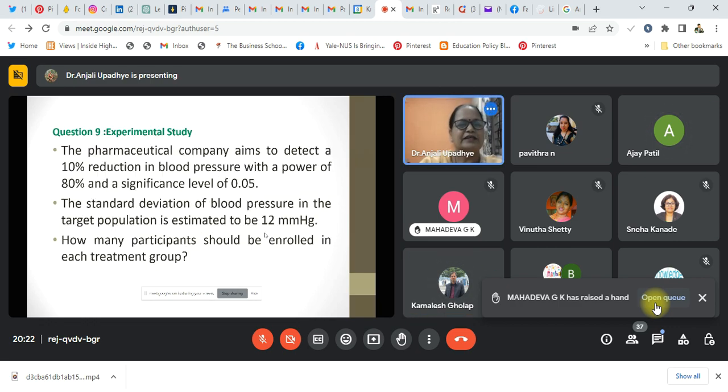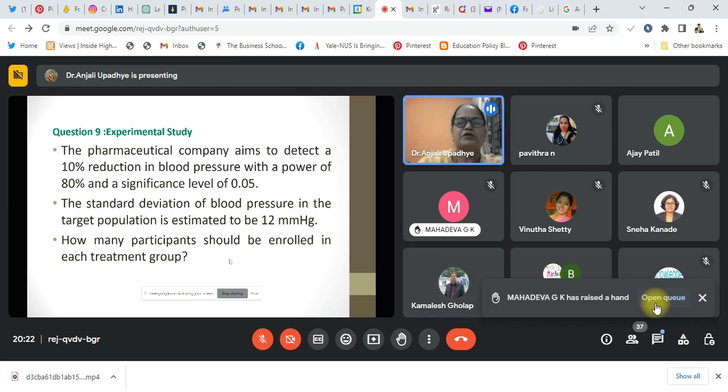Question number 9. Experimental study. The pharmaceutical company aims to detect a 10% reduction in blood pressure with a power of 80% and level of significance 0.05. The standard deviation is already given here. Therefore, we can calculate the sample size with the simple G power tool.